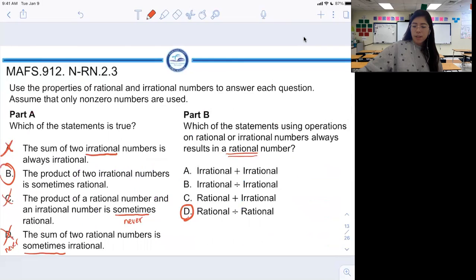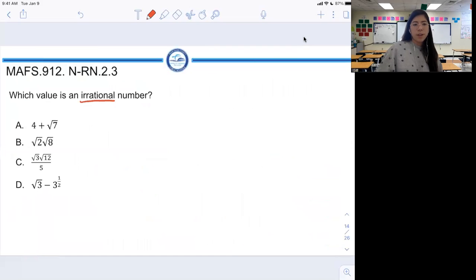Okay, so now let's look at our options. Do we see one where we're either adding or multiplying rational and irrational? B? I think it's C. Which of these answer choices mixes things up? For B, is the square root of 2 rational or irrational?